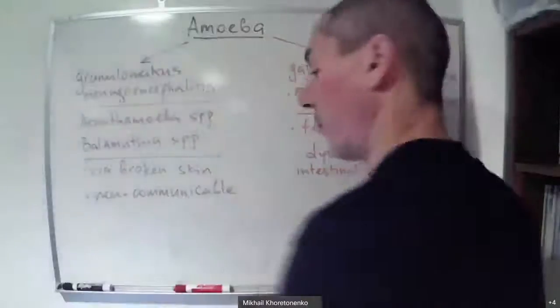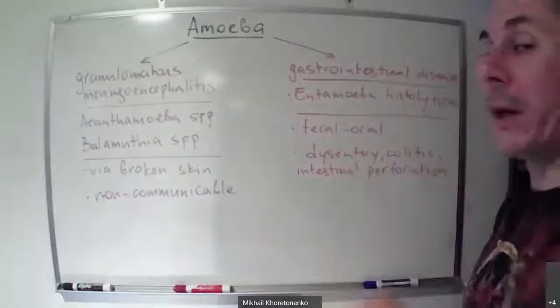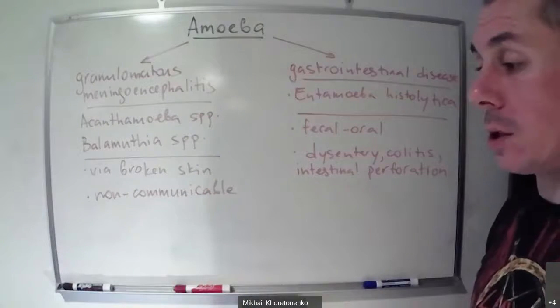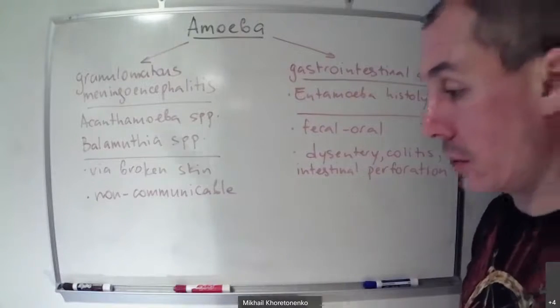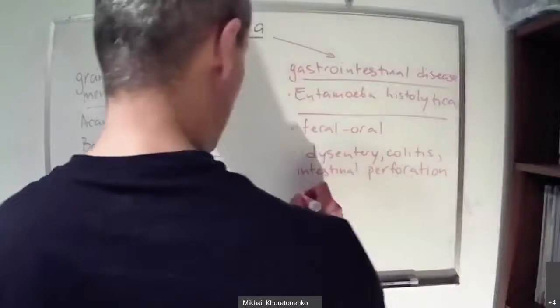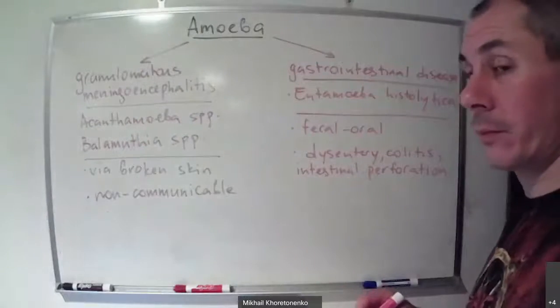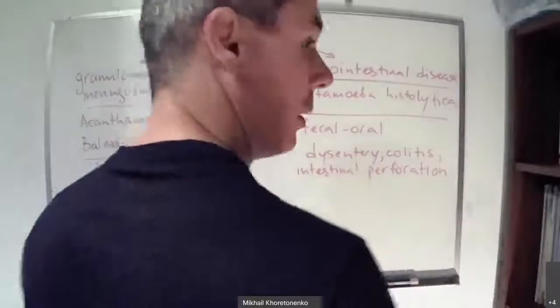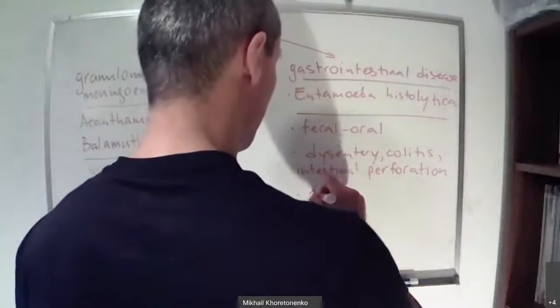Due to the intestinal perforation, this microorganism may end up in circulation and migrate to different organs, for example, the liver and lungs. In the liver and the lungs, it can cause so-called amoeboma.